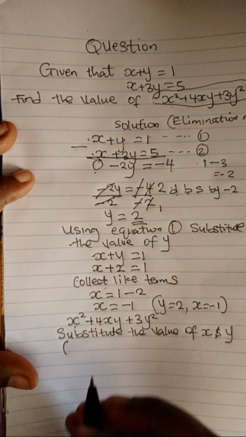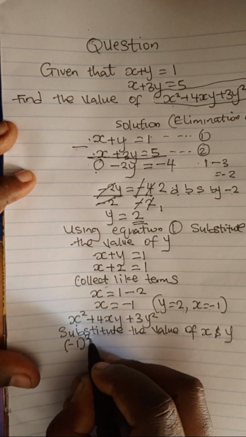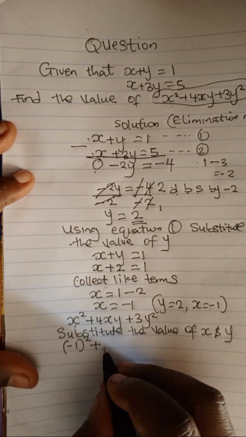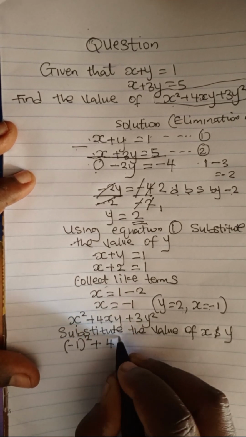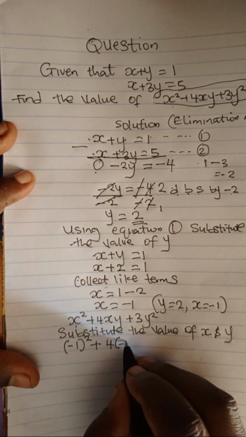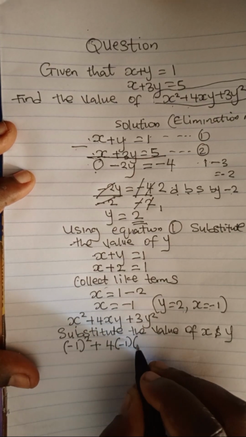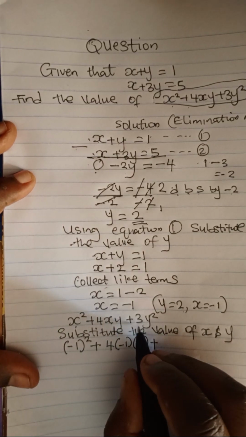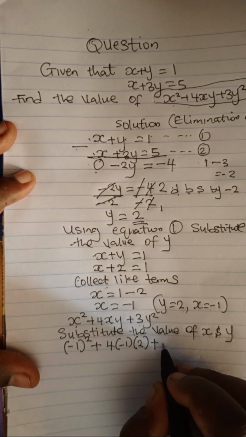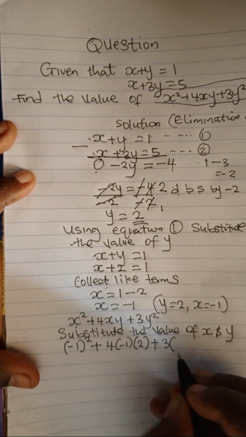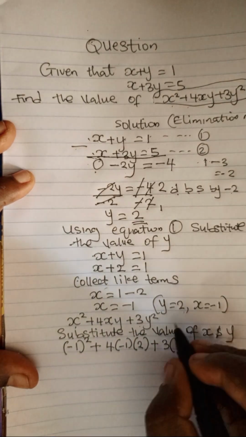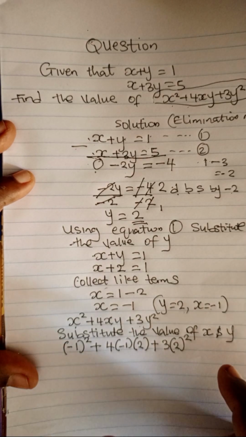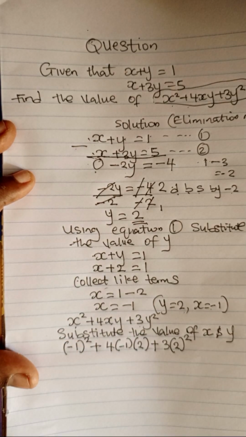So we have open bracket minus 1 squared, plus the next one, 4xy, which means 4 open bracket minus 1, open bracket 2, close the bracket, plus the next one, 3y squared, so we have 3 open bracket 2 squared. Now we've been able to substitute the values of x and y.